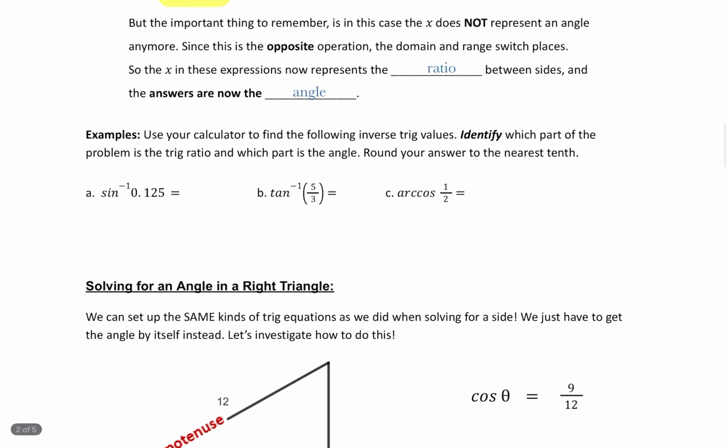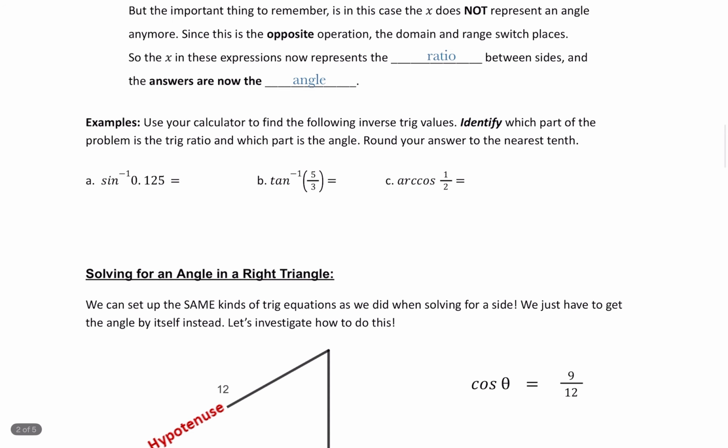So we can use our calculator to identify each one of these and find the missing value. On our calculator, we have our sine, cosine, and tangent buttons that we used before. If you push the second button in the top left corner and then click sine, cosine, or tangent, you will end up with an inverse sine that looks just like this. Then it'll have an open parenthesis.